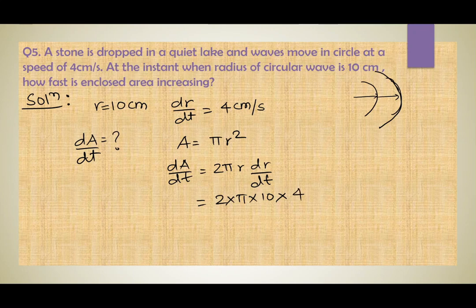It is already 4. तो बहुत easy हो गया यार problem. So this is actually 80 pi. And what would be the unit? It's going to be centimeter square per second. Okay, so this is the correct answer. And you have waves move in circle at the speed of 4 centimeter per second. So जब radius बढ़ेगा तो overall waves आगे बढ़ेंगी, है ना? So this is the correct answer here.